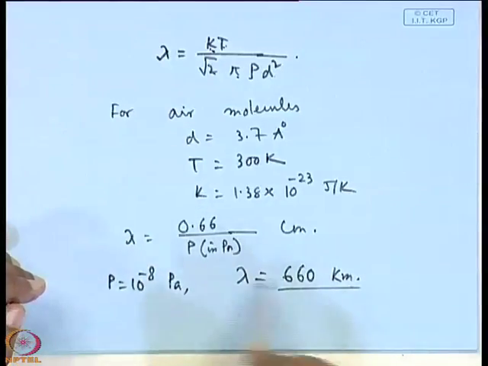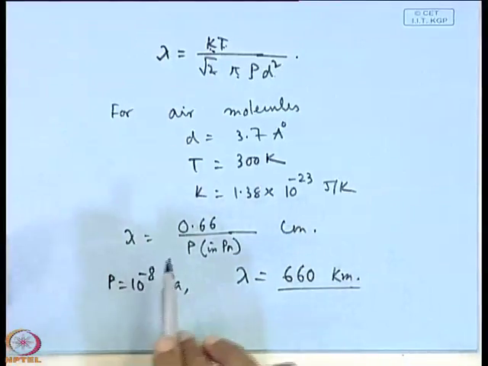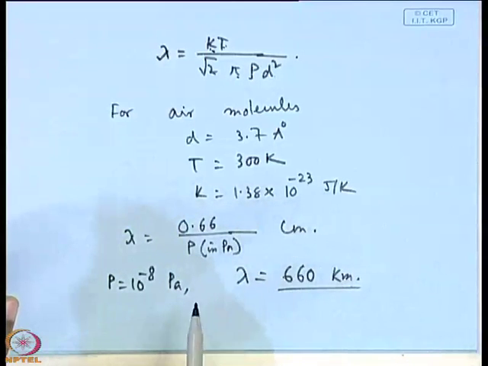Most of the problem is created by oxygen, it forms oxide. So oxygen is evacuated. Because of this high lambda, to achieve 10 to the power minus 8 Pascal, evacuation is required.